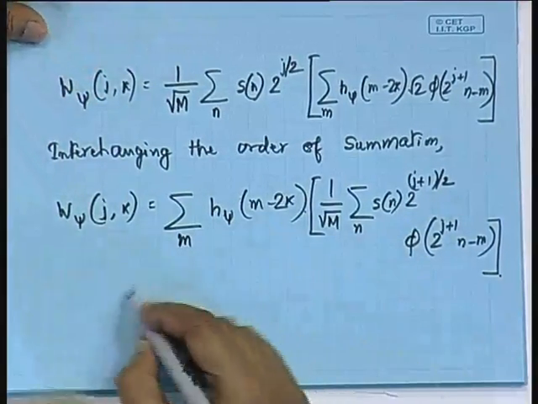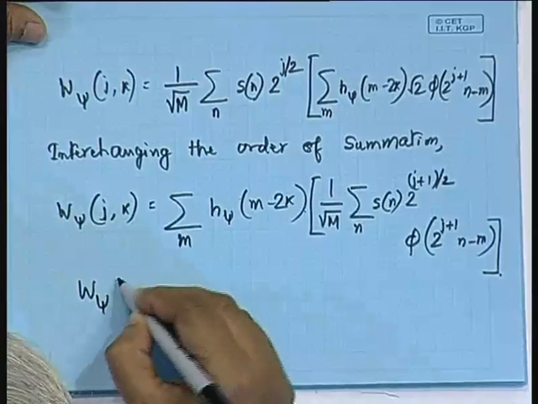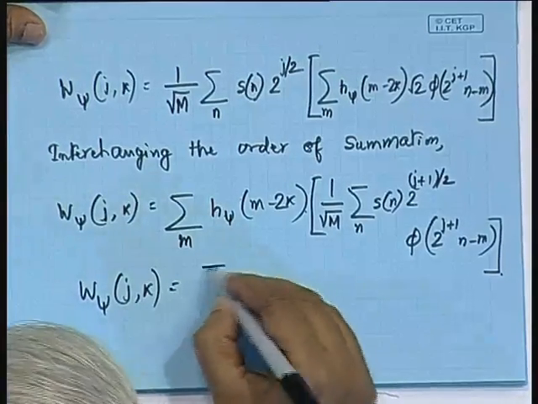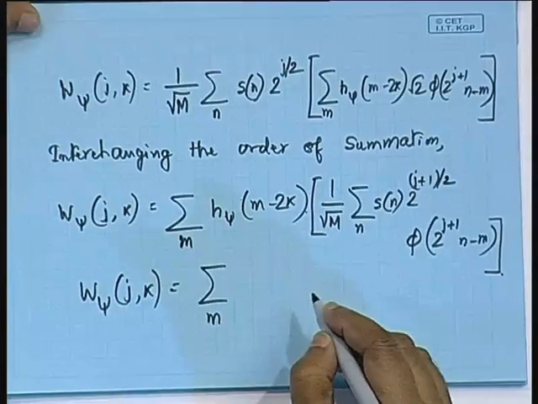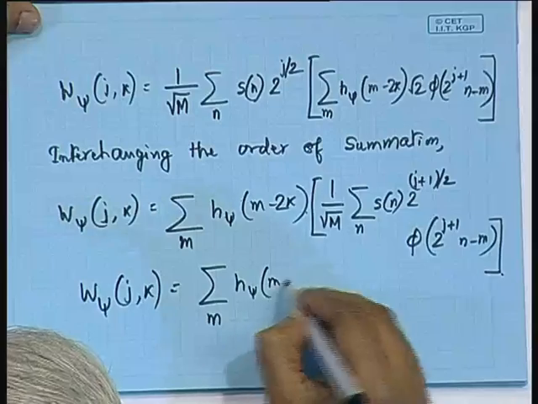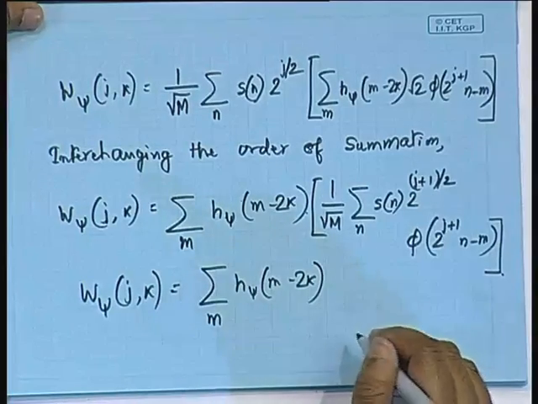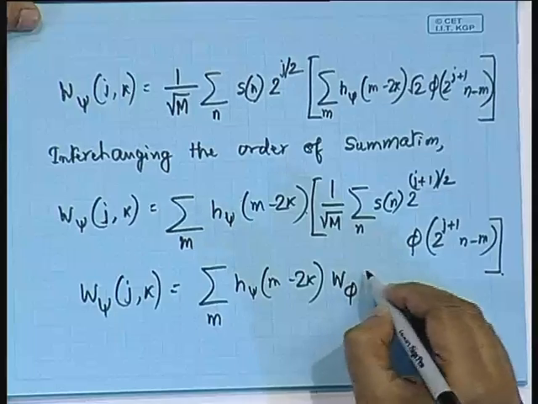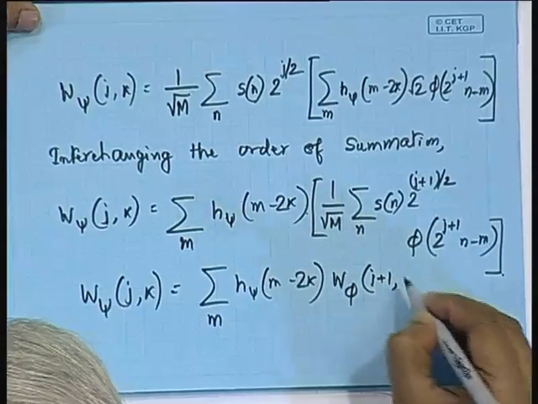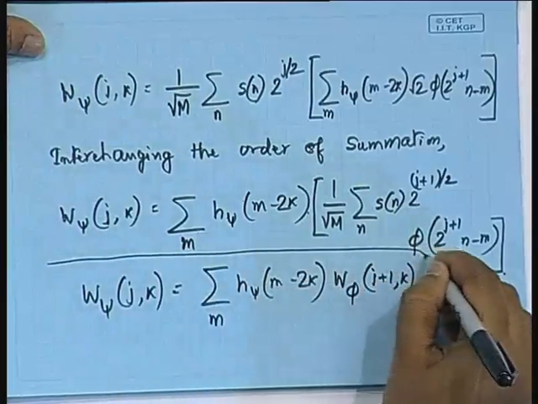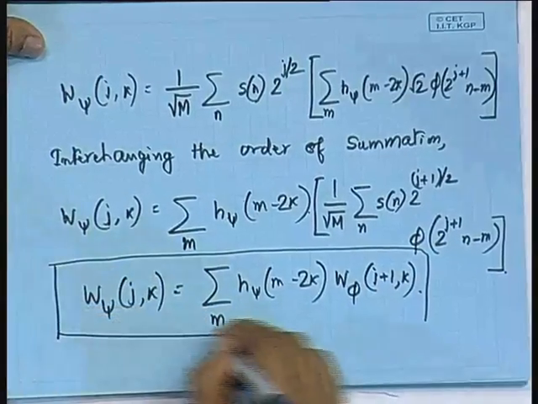So, what results is W psi j k becomes equal to summation over m h psi m minus 2 k into W phi j plus 1 m. This is a very interesting relationship.